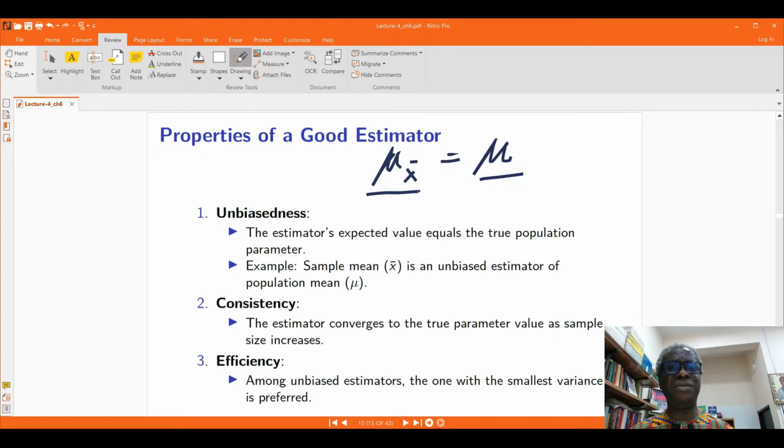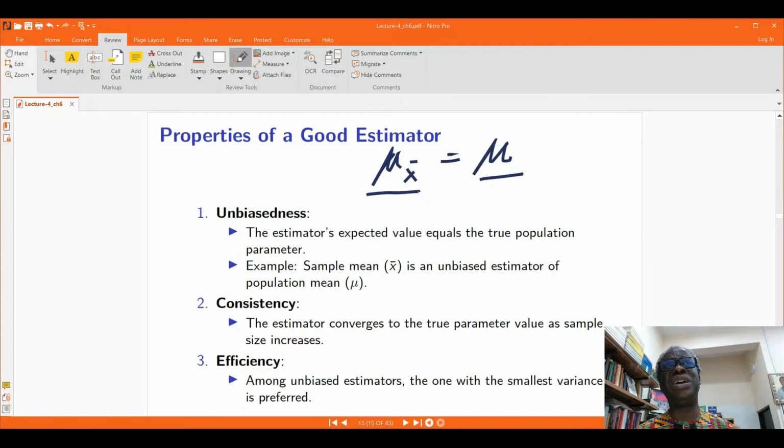But for now, unbiasedness is about whether the mean of the sampling distribution of the statistic is equal to the unknown population parameter. Consistency is about the behavior of the estimator as you collect more observations.